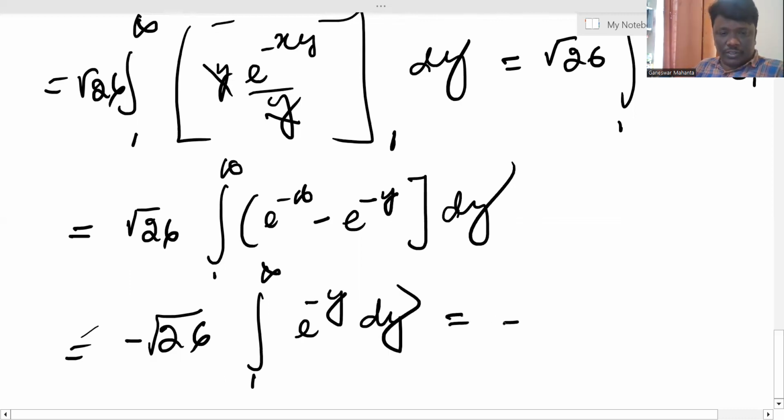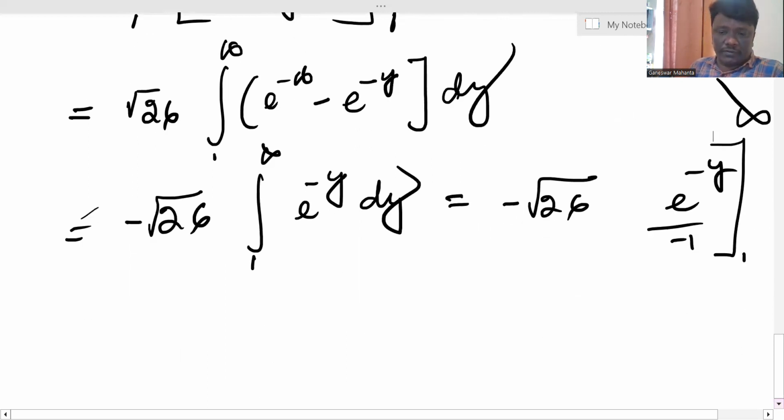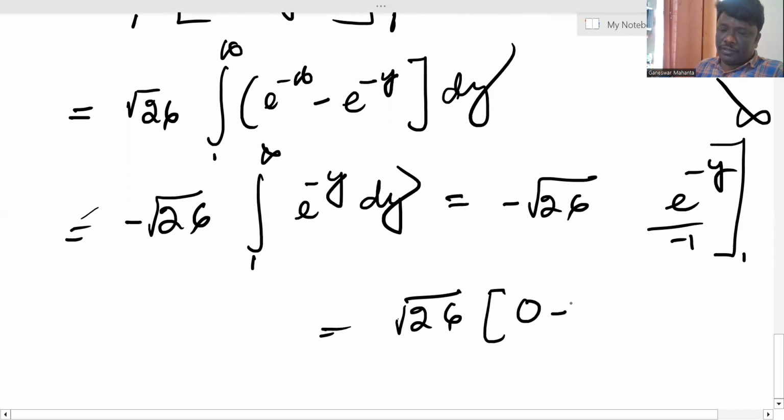What is its value actually? Minus root 26, then e to the minus y, that is of minus 1, integrated from 1 to infinity. Then what is its final value? The final value becomes positive root 26 times e to the minus infinity, that is 0, minus e to the minus 1.